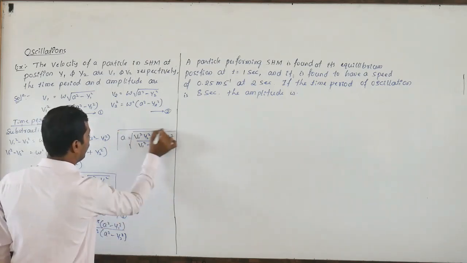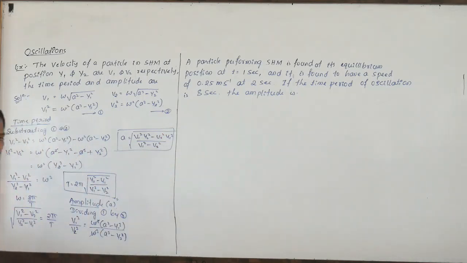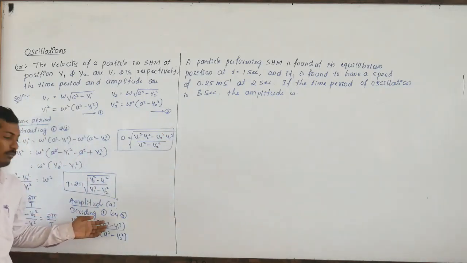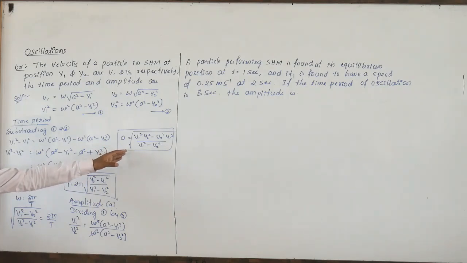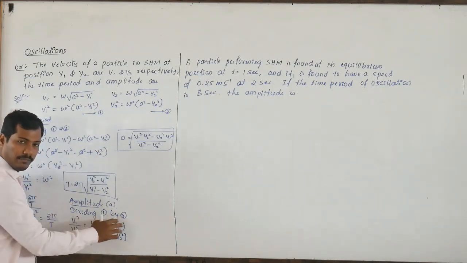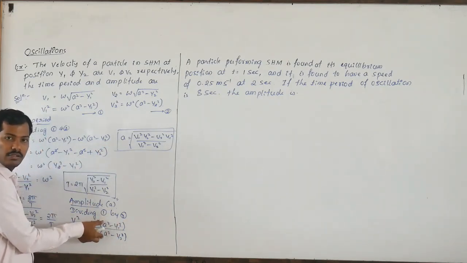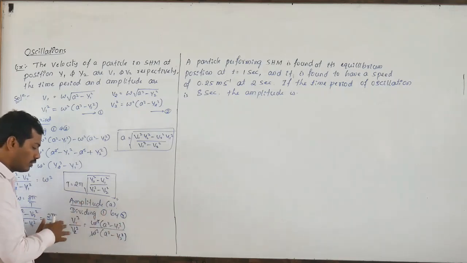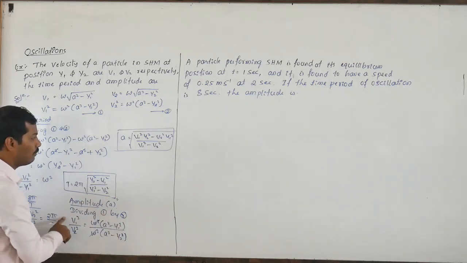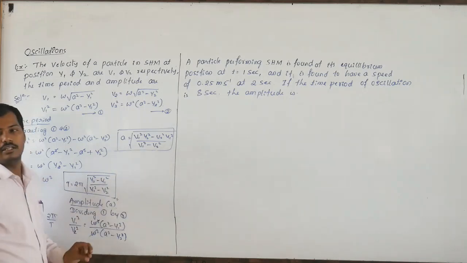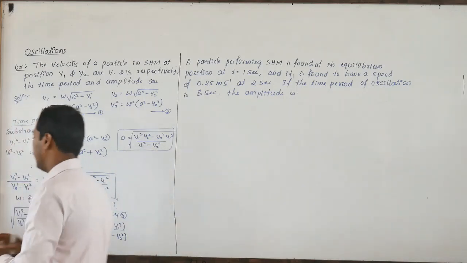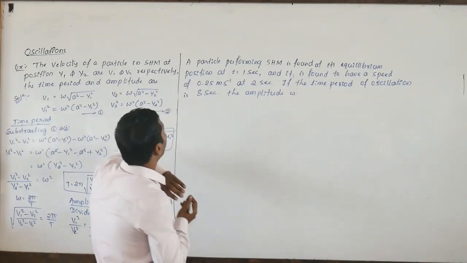This is the final answer for this one. The simplification is your work here: cross multiplication, common terms come outside, and the remaining terms become v1 minus v2 in the denominator. Okay, the next problem is here.